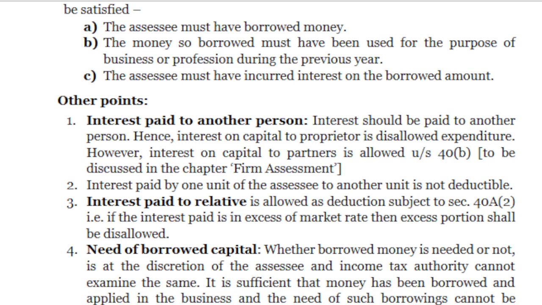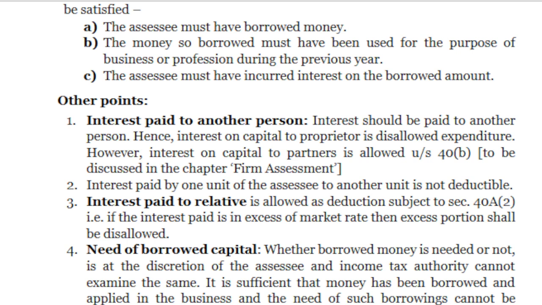Adani's one company takes loan from another company. In that case, if it is different companies, then definitely allowed as deduction. But if it is same organization and you are paying interest to other department, right, one unit taking loan from another unit and paying interest on it, it will not be allowed as deduction.